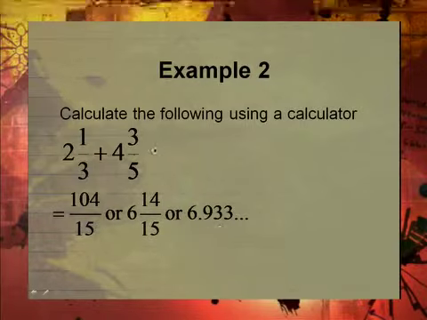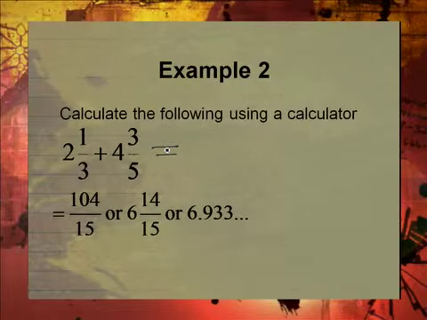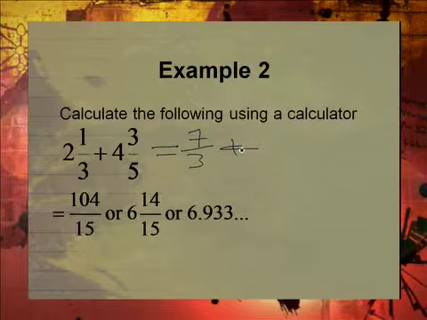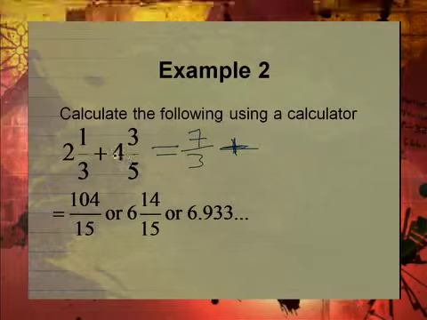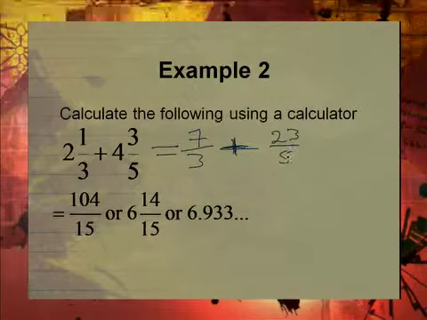If you turn this, guys, to an improper fraction, from mixed to improper: 3 times 2 plus 1, you get 7 over 3, plus 4 times 5 is 20 plus 3, and then you have 23 over 5. Now you put this on the calculator, and surely you must get the same answers there.